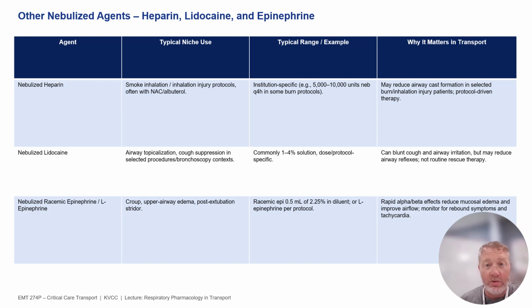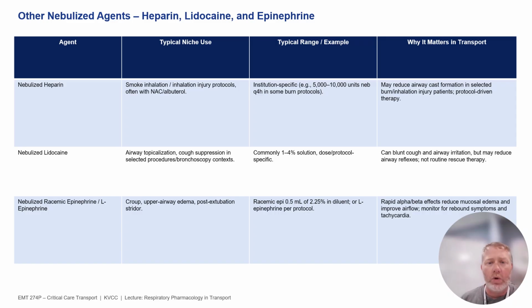This last one, though, is, and you've probably given it many times, racemic epi. Racemic epinephrine, asthmanephrine, whatever you want to call it, is the most used medication for upper airway constriction in croup and post-extubation stridor, sometimes epiglottitis.